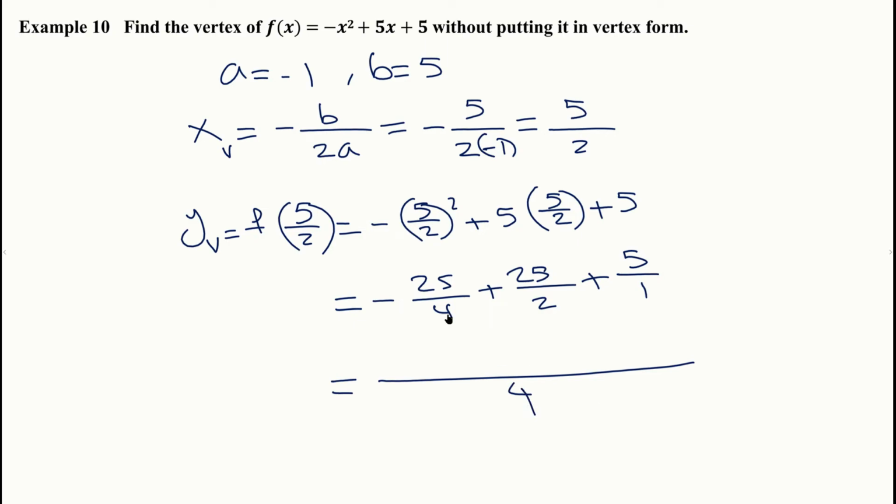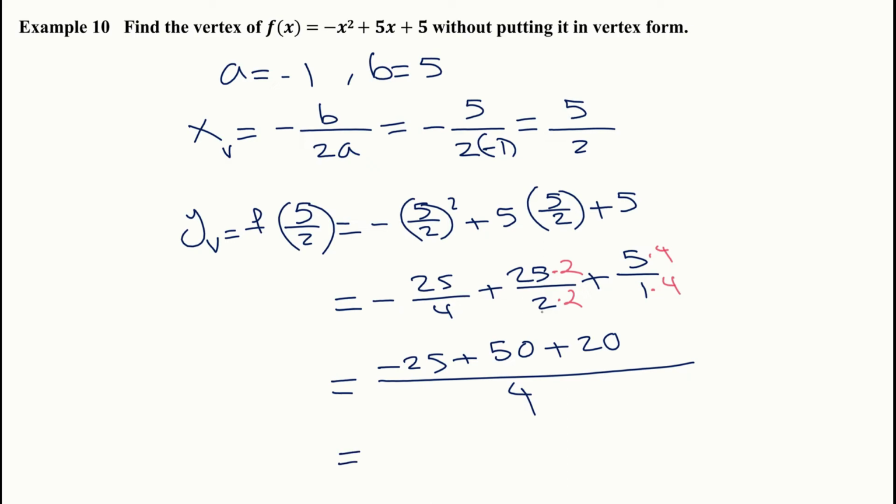No change is needed here because it's already 4, so we get -25 plus, here I need to multiply the 2 by 2, so I have to do the same on the top, and I need to multiply this 1 by 4 and do the same on the top, right? So we end up plus 50 and then plus 20.